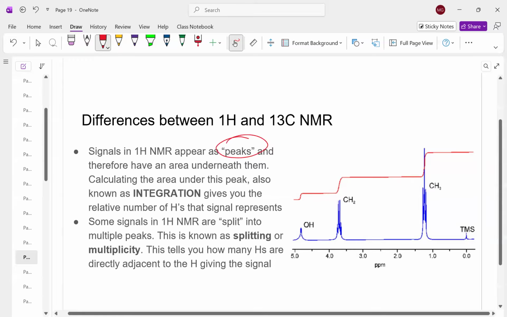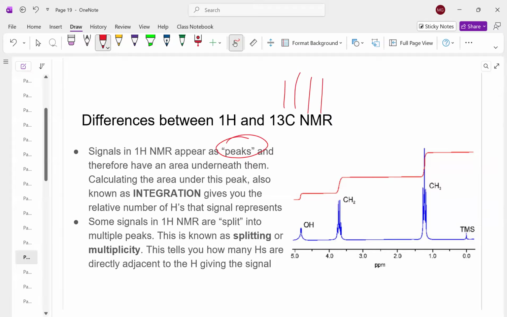In carbon NMR, there were just little lines, and there was really nothing underneath those lines. But in proton NMR, the signals appear as peaks, sometimes like this, or maybe we might see two of them put together like that, or even three, or even more. But those represent one signal, one type of hydrogen.